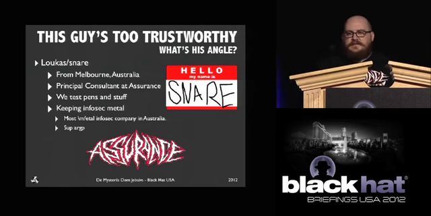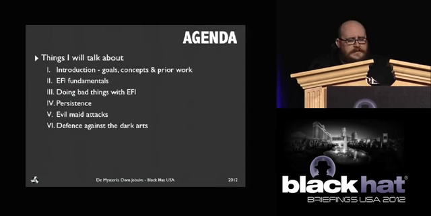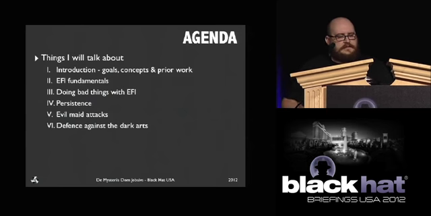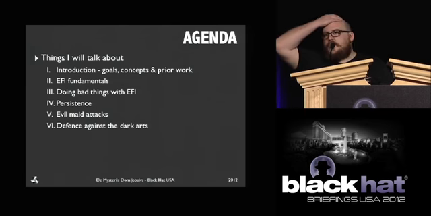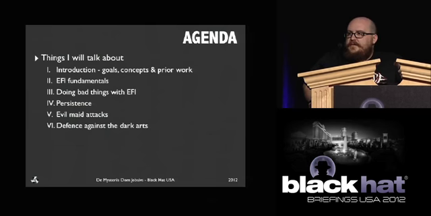I'm going to talk to you guys today about EFI-based malware, so infecting current Apple hardware at the firmware level. I'm going to go through a few things to begin with: what my goals were when I set out doing this research, a bit of background, some prior work that's been done in the area, a bit of info on EFI fundamentals, how it all fits together, and what components there are that we can mess with.